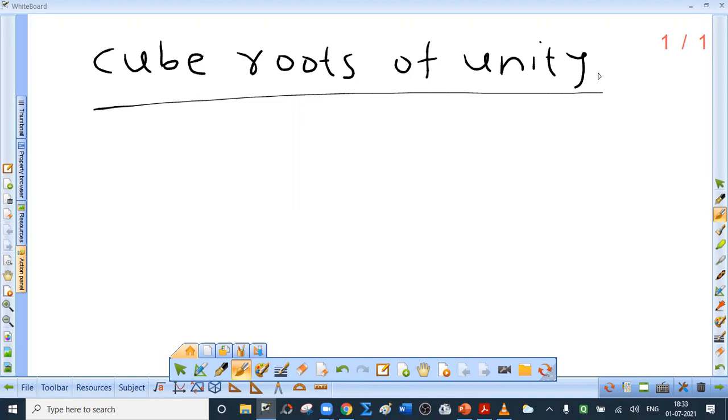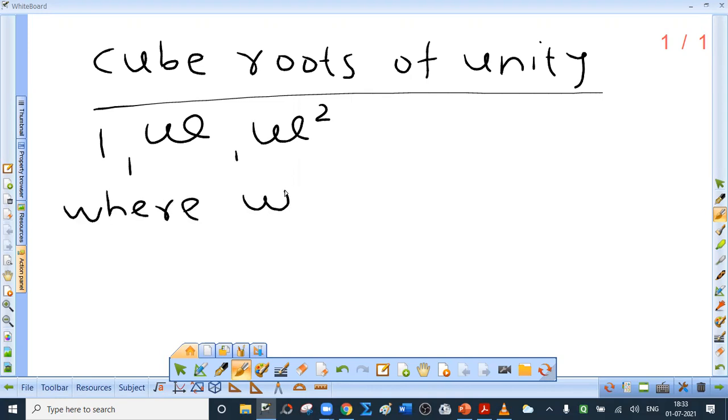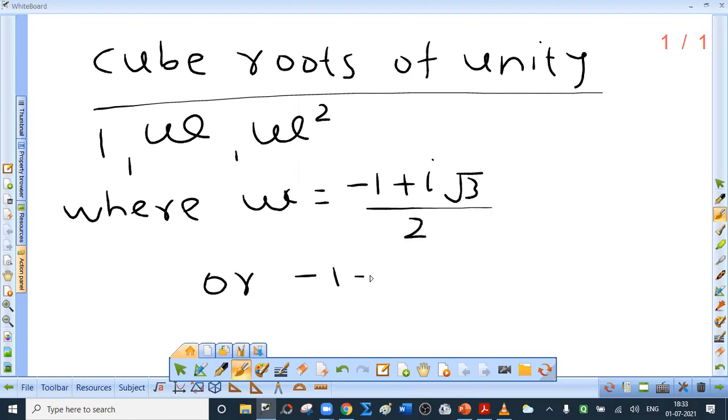The roots of the equation x cube equal to 1 are 1, omega, omega square, where omega equal to -1 plus i root 3 upon 2 or -1 minus i root 3 upon 2.